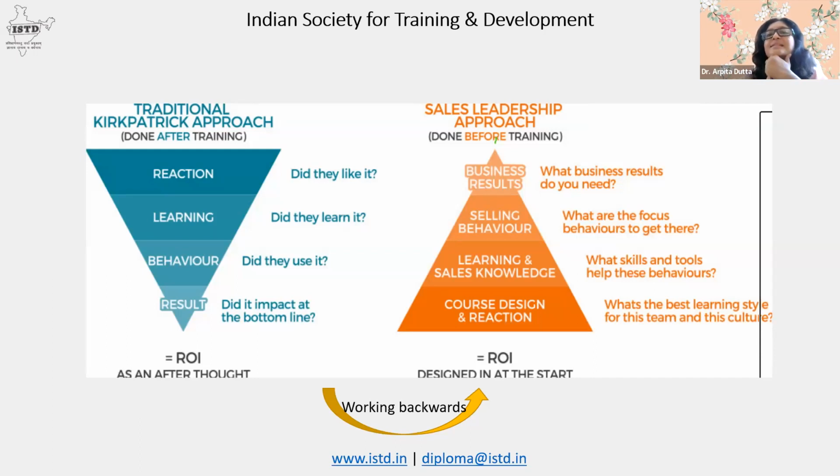So what will my salespeople need in terms of change of behavior, change or addition of knowledge, additional skills and competencies? So identify them.